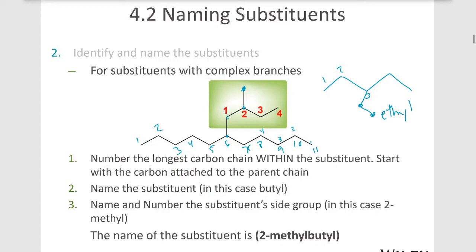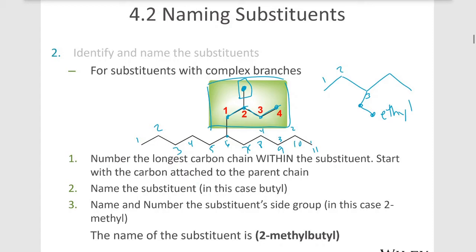So we have a 4-carbon chain in this substituent, 1, 2, 3, 4. So the substituent itself has a parent chain. And then it has a substituent hanging off of the substituent's parent chain, where it has, in this case, a methyl group. So our substituent is highlighted in green here. Our substituent has a 4-carbon parent chain, and then it has a methyl group as a substituent on the substituent.